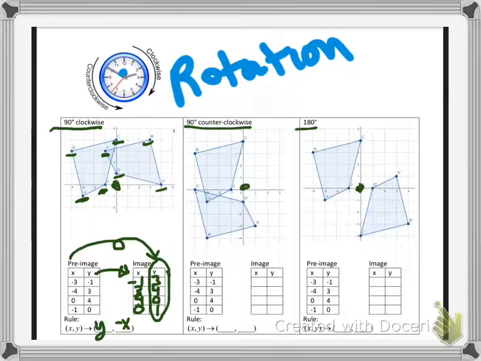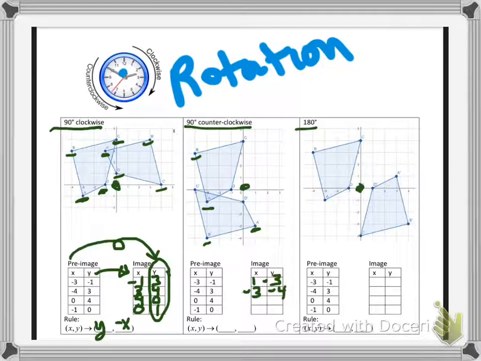So this is my general rule for rotating 90 degrees clockwise. Counterclockwise is very similar. I'll just do a few of the points here. This one starts off at (-3, -1). This time it goes to (1, -3). And I think you'll be able to convince yourself pretty quickly that we have a similar pattern that we can keep track of here. This one goes to (-3, -4).